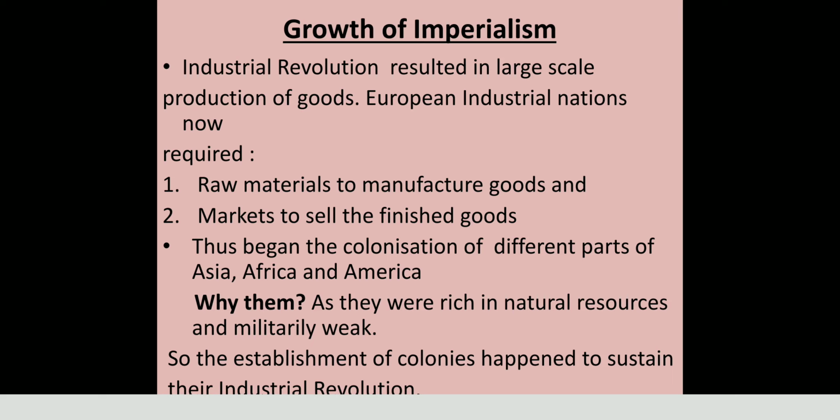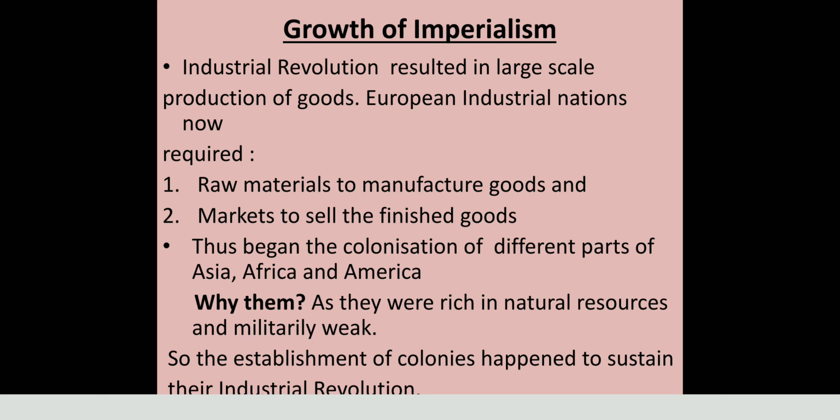One, they supply the raw materials. Two, they serve as markets for the finished goods. So that is the reason colonies were required after the Industrial Revolution: to get the raw materials required in the factories, and after the goods were manufactured they had to be sold somewhere, so that required markets, which were well provided by the colonies.